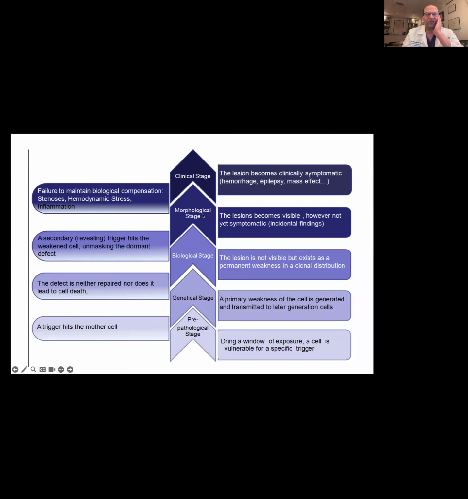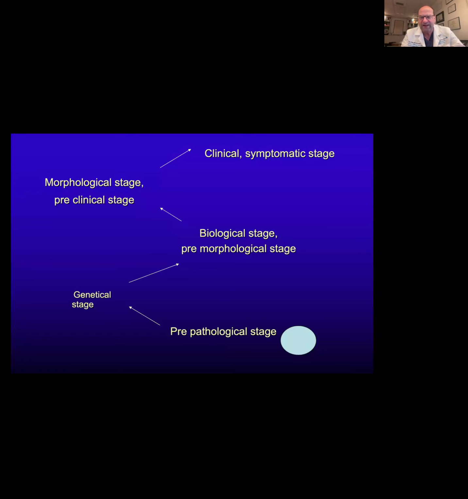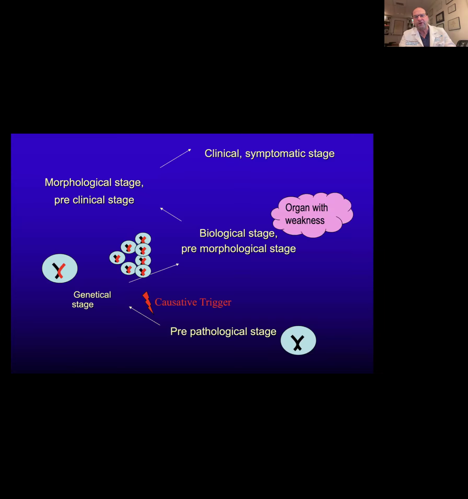Prior to a morphological stage, however, we have a biological, genetical, and pre-pathological stage. And this sounds very abstract, but let me make it clearer for you right here. Let's say you have a cell, and the cell has a chromosome, and everything is still normal, so we are in the pre-pathological stage. Then, due to a primary or causative trigger, you get a mutation. And if the cell does not die, but continues to proliferate, it will have daughter cells that will constitute an organ.